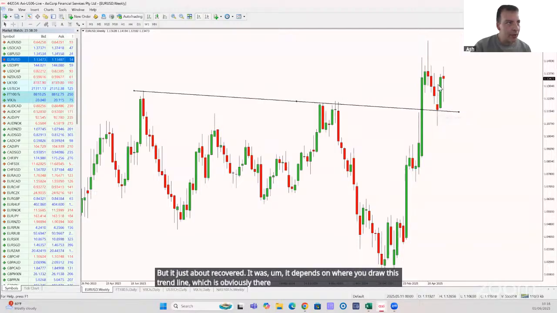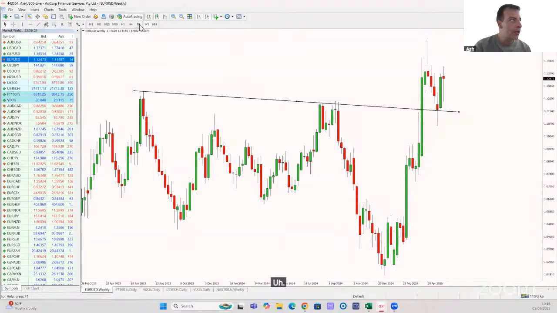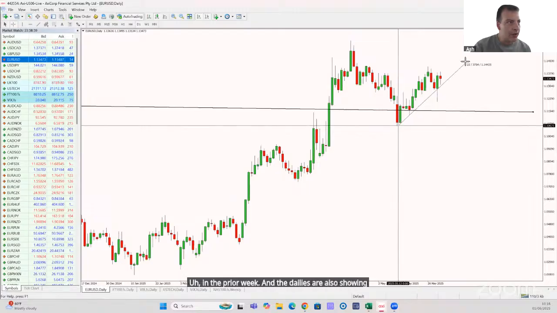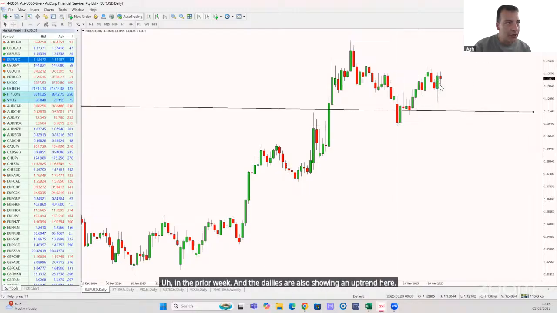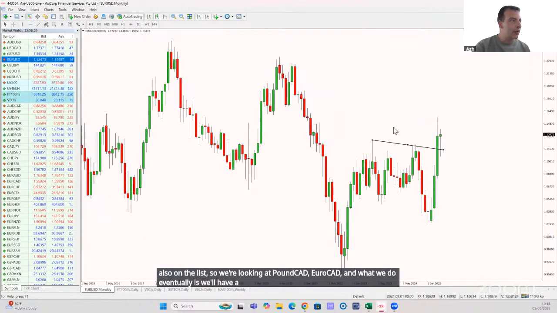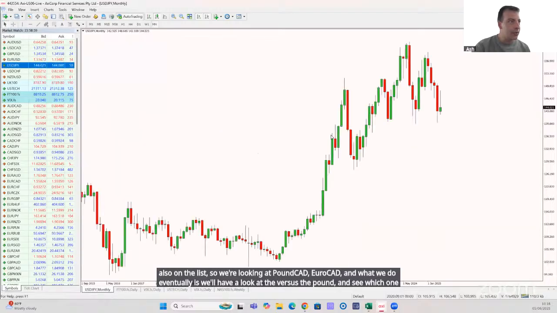Then we had a nice bullish move in the prior week, and the dailies are also showing an uptrend here with another nice looking bar on Thursday, another hold bar. So the Euro CAD is also on the list. We're looking at pound CAD, Euro CAD, and what we do eventually is have a look at the euro versus the pound and see which one we think is the strongest.